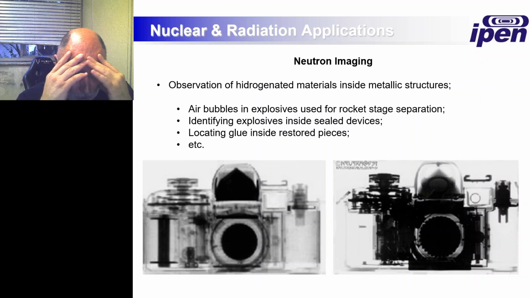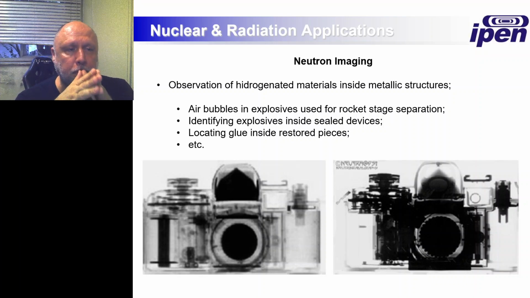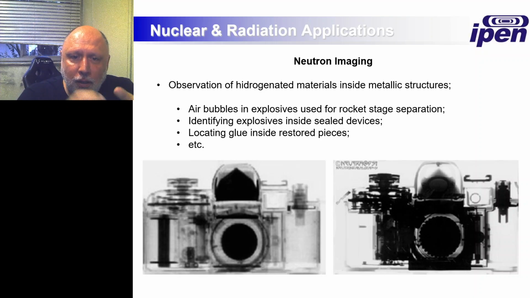Because when you take a look at something using X-rays, what happens? High density and high atomic number chemical elements will stop the X-rays from reaching the plate on the other side, so you have black.